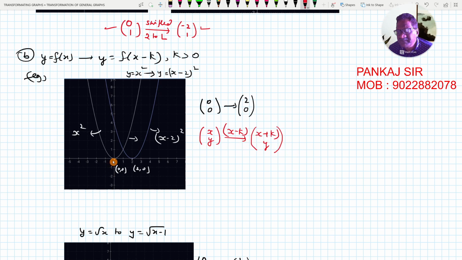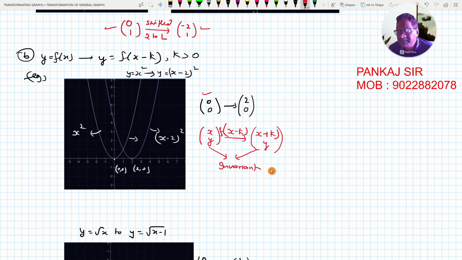So if you take this 0, 0 from the parent, then for x minus k you'll have to add 2. So x, 0 plus 2, will be 2. And the y coordinate you have to keep invariant. Invariant means it is not changing; it is remaining as it is.